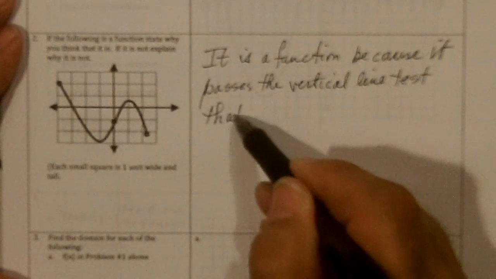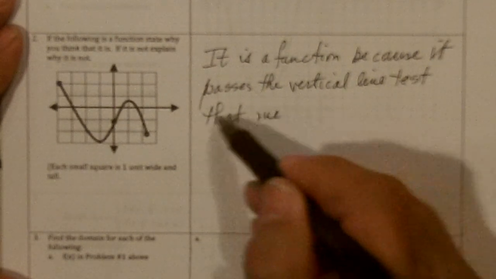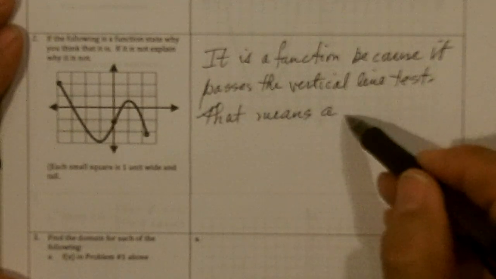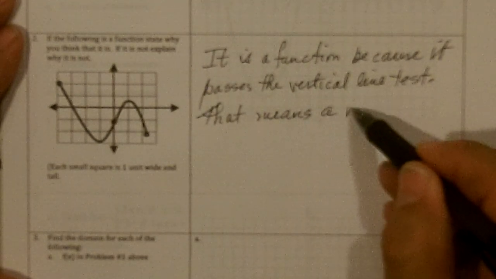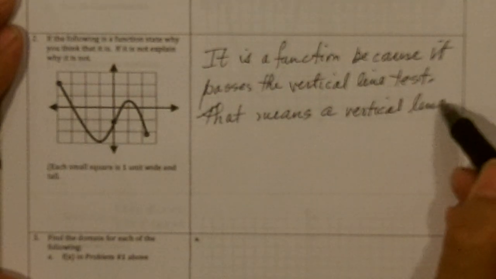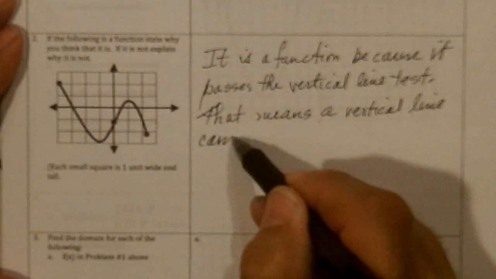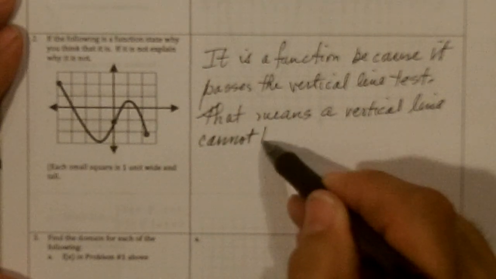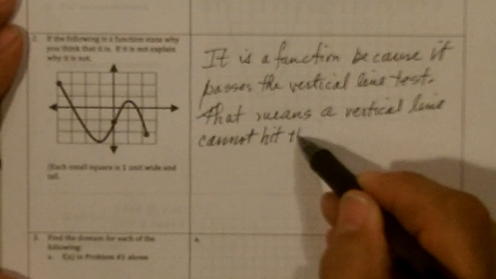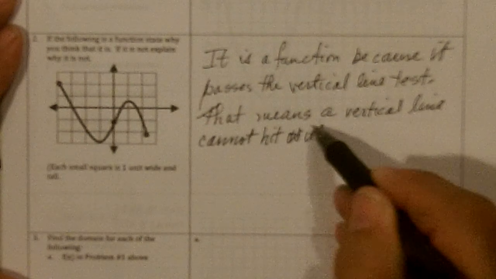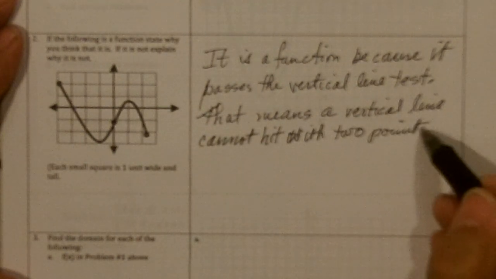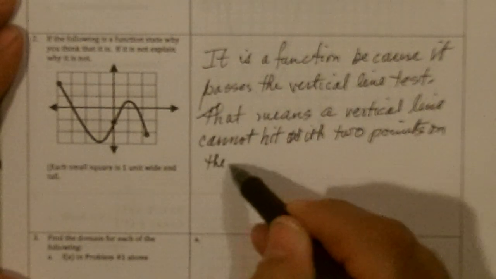That means a vertical line cannot hit or intersect with 2 points on the graph.